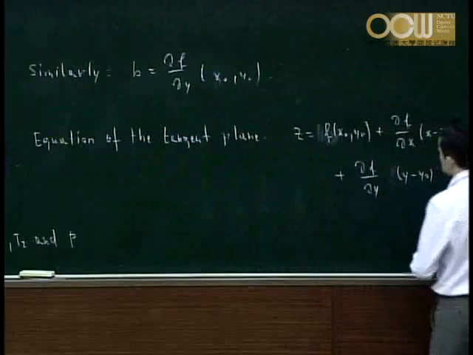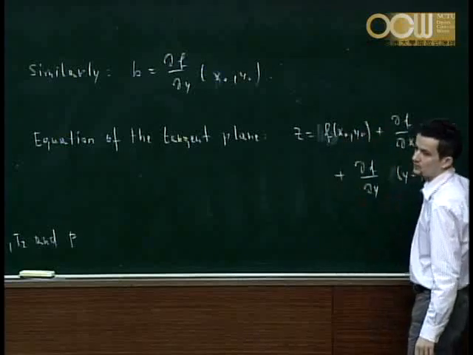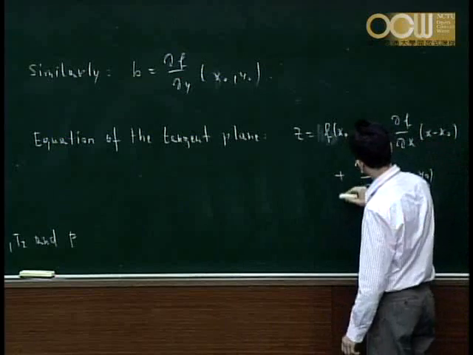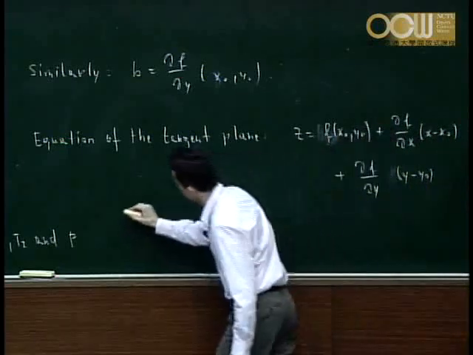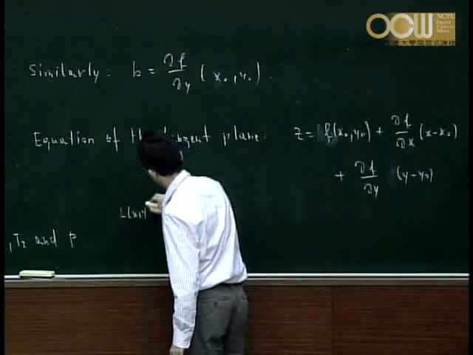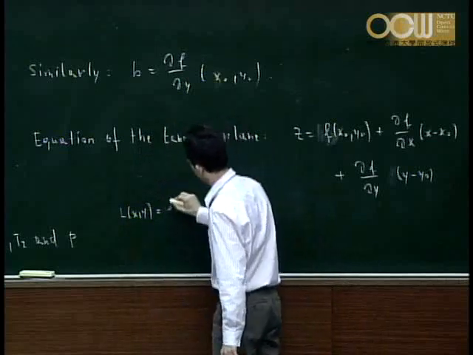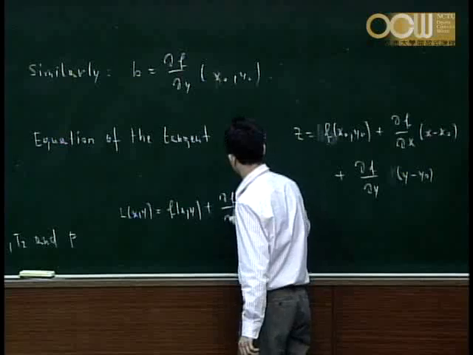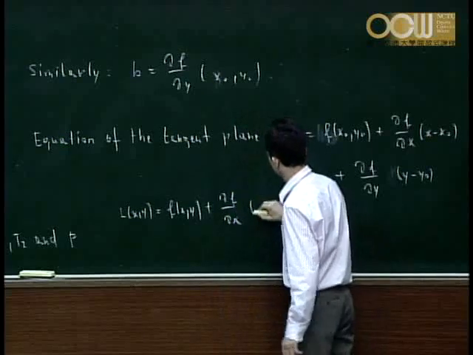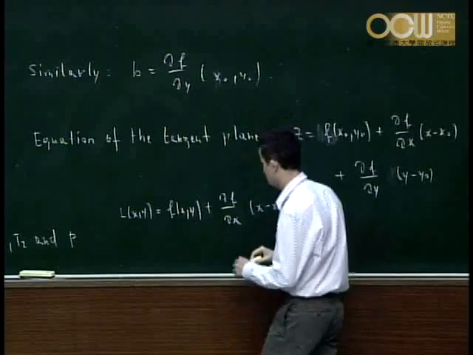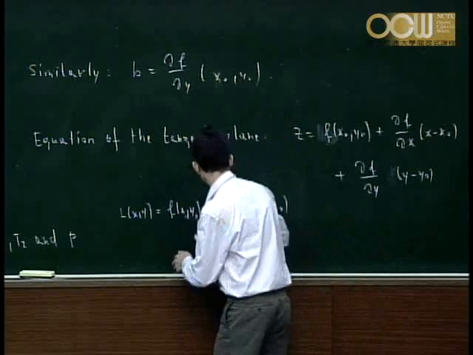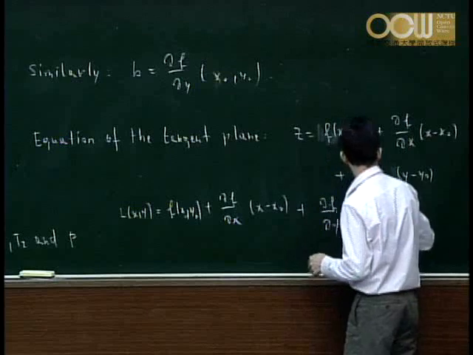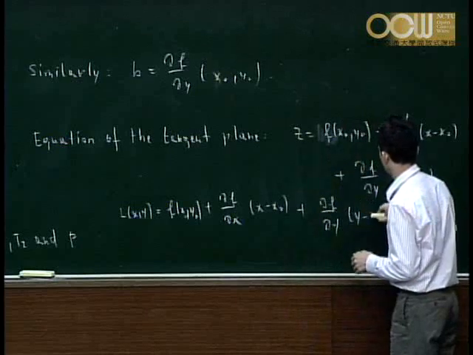The tangent plane sometimes is also called the linear approximation. So we will normally denote this function, f of x0, y0 plus the partial derivative of f with respect to x times x minus x0, sorry, this should be x0 or y0, plus the partial derivative of f with respect to y times y minus y0.